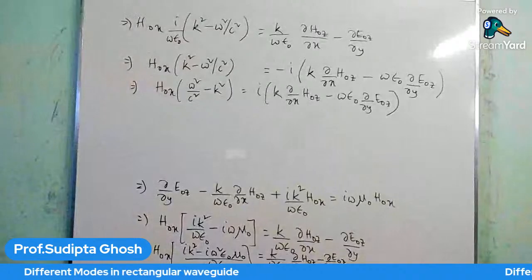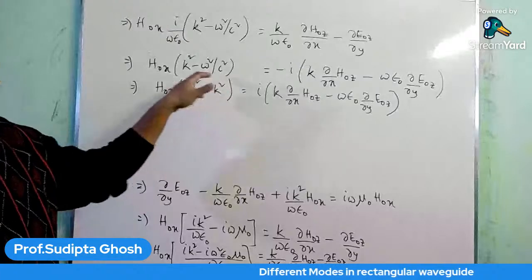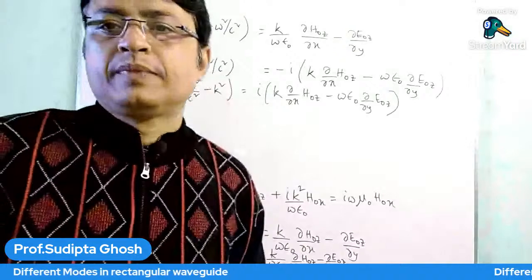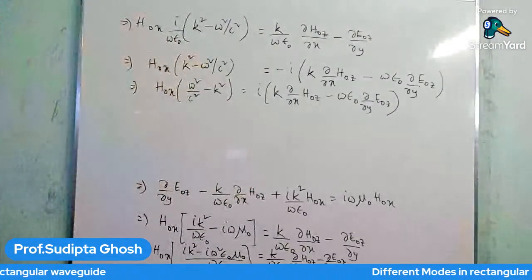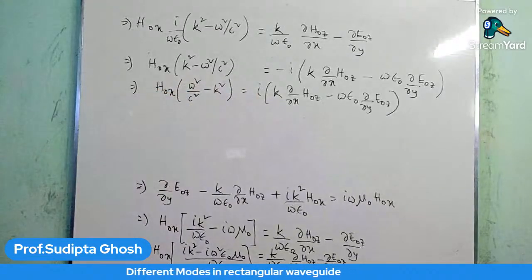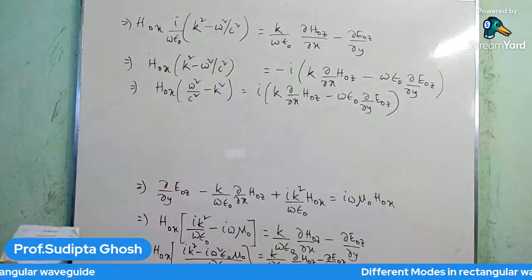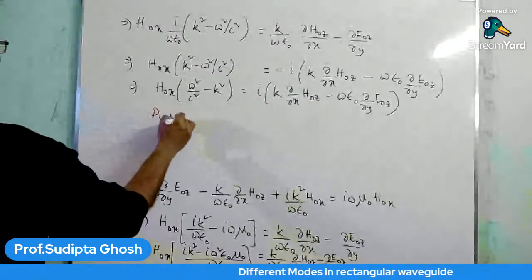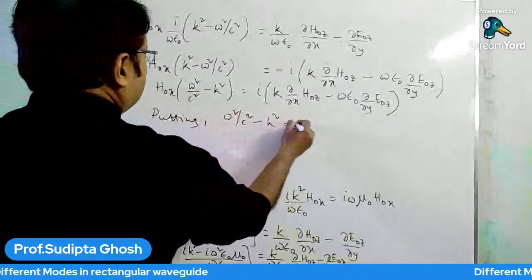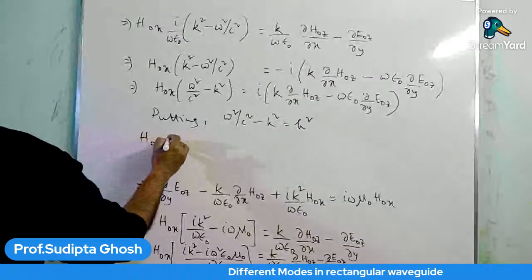So the value of HOX, now this omega square by c square minus k square. Yes Urpita, you have pointed out rightly, so I have made the correction here. So now omega square by c square minus k square can be written as h square. So h square is again a constant value. So putting omega square by c square minus of k square equals h square, we have HOX into h square.